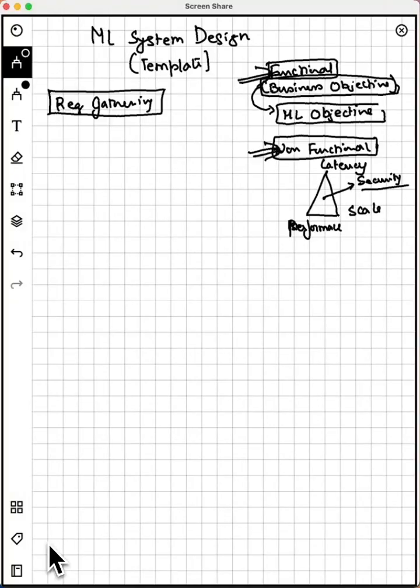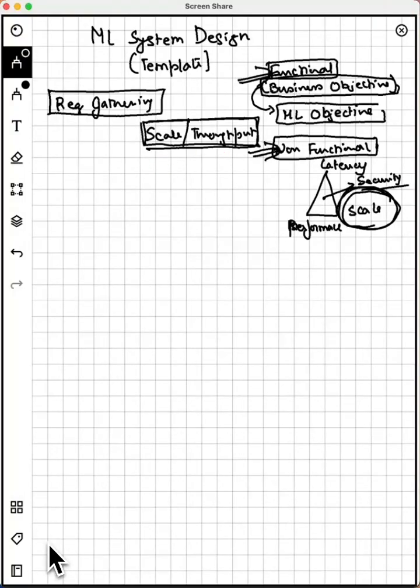Once you have narrowed down these, you can start to think about scale at a very high level. So you can think about what is the scale that is required, what is the throughput, and you have to keep this thought process at a slightly high level so that it doesn't consume too much of your time.